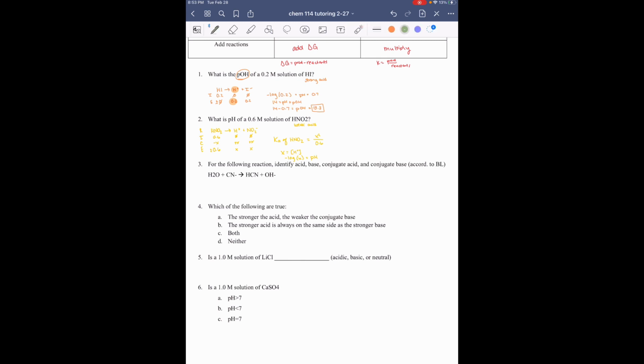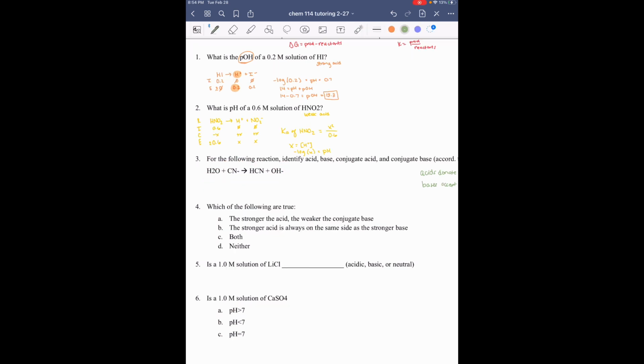Anyway, okay, moving on. Now we need to identify the acid, base, conjugate acid, and conjugate base according to Bronsted-Lowry. So according to Bronsted-Lowry, acids donate hydrogen, bases accept hydrogen. And then our normal bases and acids will be here, and then conjugates will be over here.